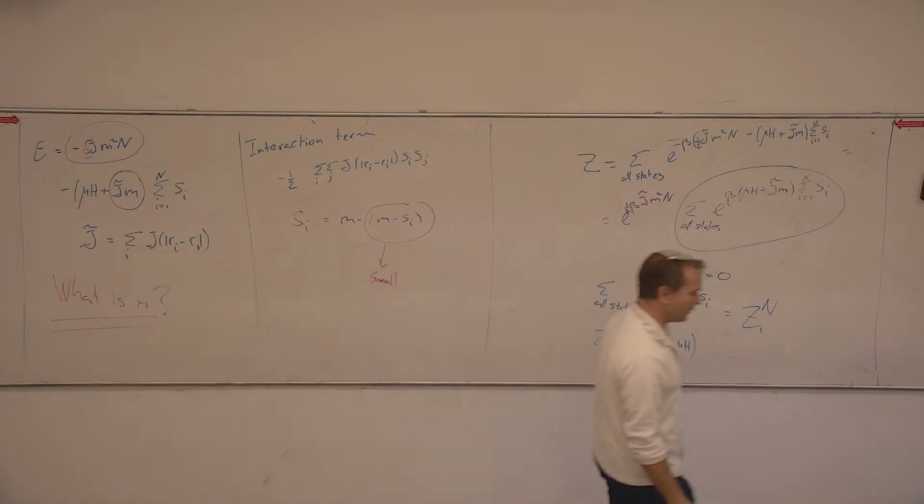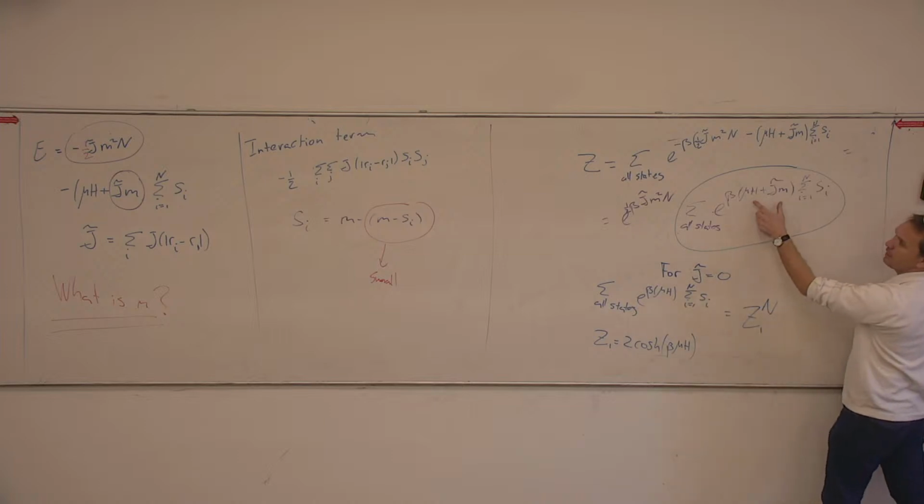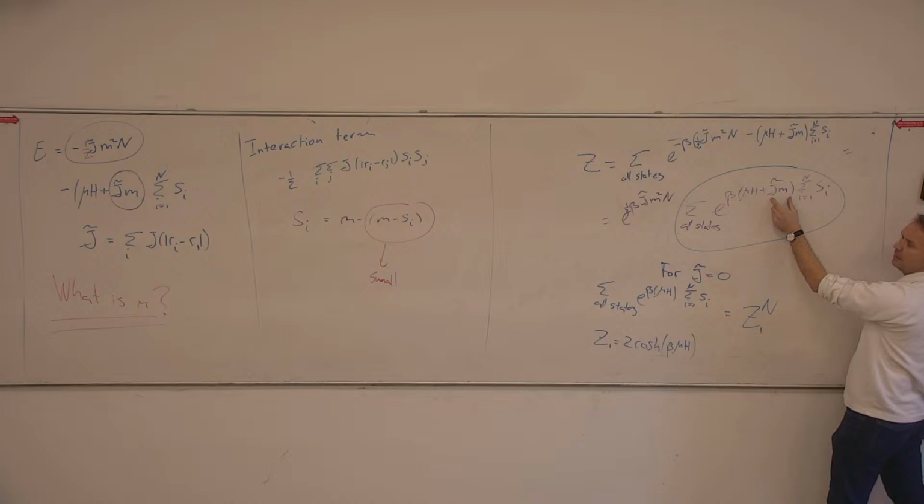Now I'm asking you, if the only thing that we do is modify this h over here, so instead of mu h, we have mu h plus J tilde M. It's a constant, so it doesn't matter. What I'm saying is, we have an effective field.